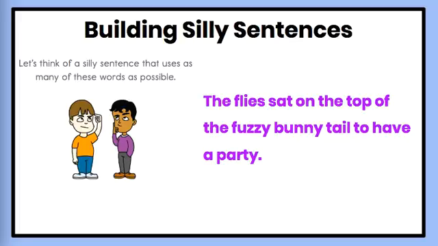Another one of our words was fuzzy, ending in the E sound spelled with a Y. Bunny, ending in our E sound that is also spelled with a Y. And our final word that fits into our category is party. It has that E ending sound that is spelled with a Y.